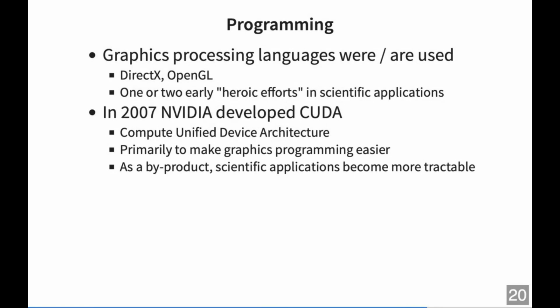It just so happened that as a byproduct, it also became much easier to start thinking about programming scientific applications in CUDA. And so the first scientific applications really started appearing at about that time in CUDA.